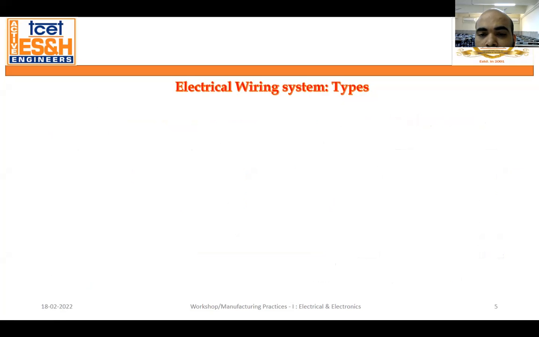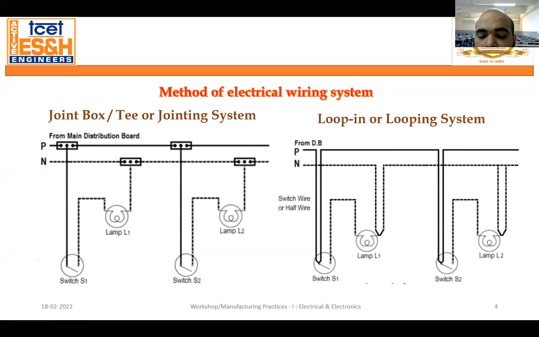Okay, so let's discuss the advantages and disadvantages of these two systems. In the loop-in system, the advantage is that it doesn't require joint boxes, as you can see the joint boxes cost some amount. So there are no joint boxes in the loop-in system, which helps us save the money to buy the joint boxes.